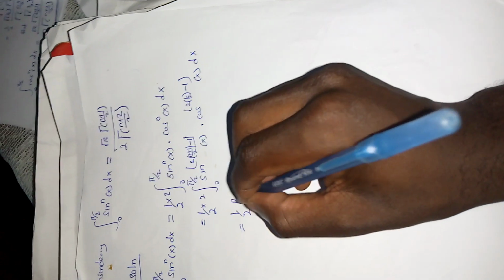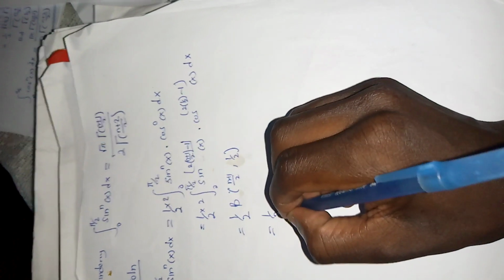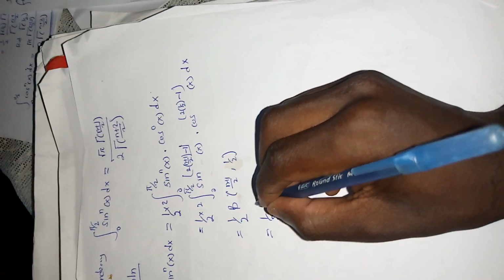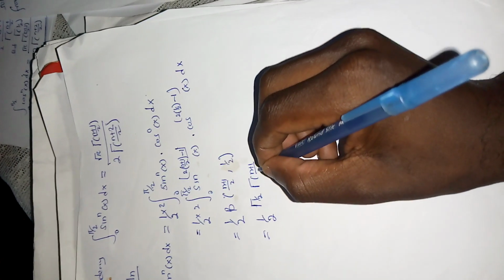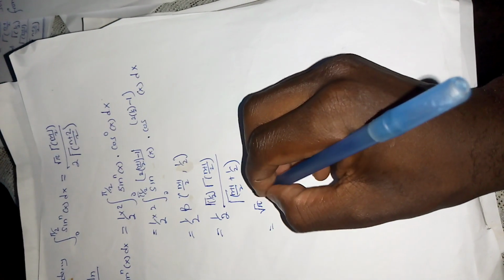Therefore, like we did above, this now becomes beta of (n plus 1) over 2 and a half, and we say this is the same as a half times gamma of (n plus 1) over 2 gamma half, divided by gamma of (n plus 1) over 2 plus a half, which gives us gamma half is root pi, and we remain with gamma of (n plus 1) over 2 divided by 2, LCM is 2, then this adds to give us n plus 2.